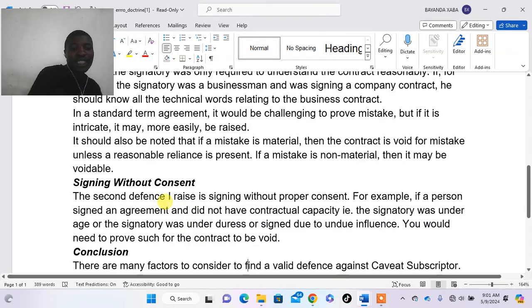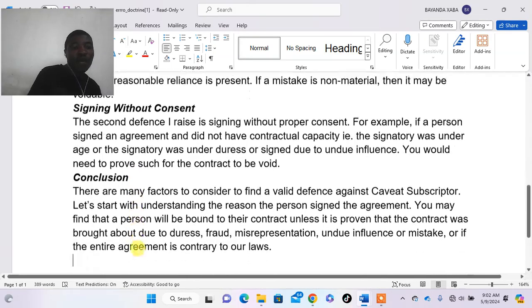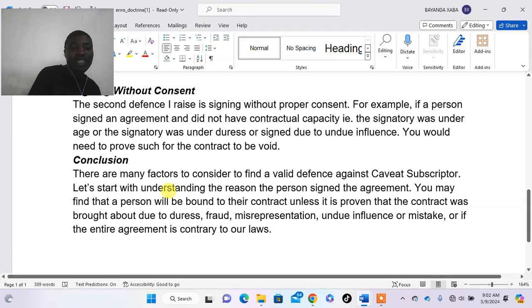The second defense raised is signing without proper consent. If a person signed an agreement and did not have the contractual capacity, but in this one, Carol may have the contractual capacity, then we'll go to the conclusion. There are many factors to consider to find a valid defense against the caveat subscriptor. Let's start with understanding the reason the person signed the agreement.